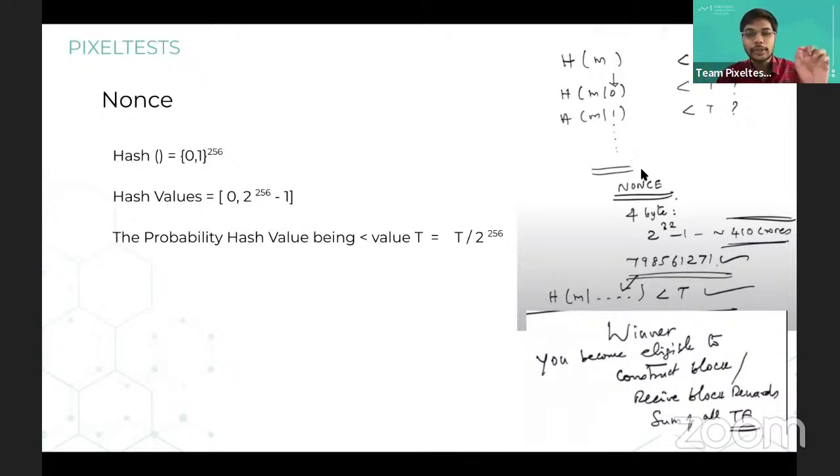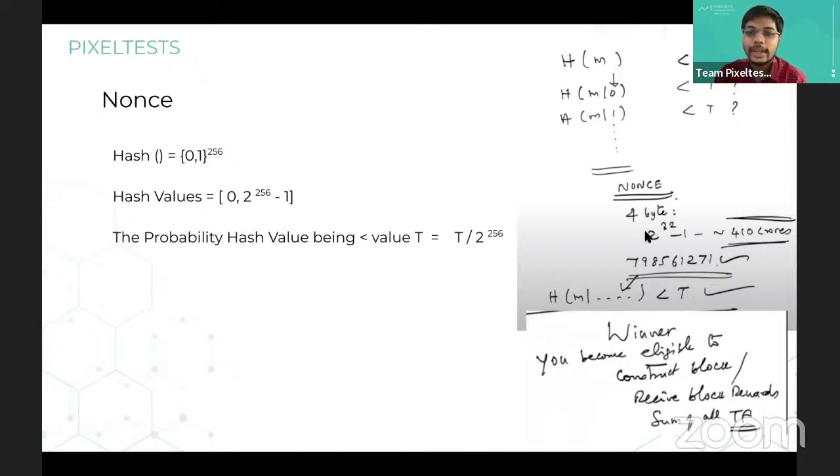And let's just say one of the attempts that a miner makes is a random number. Let's say he made the 79 crore 85 lakh 61,271st attempt. At that moment, if his hash value was less than the set threshold, he is considered to be the winner, right?